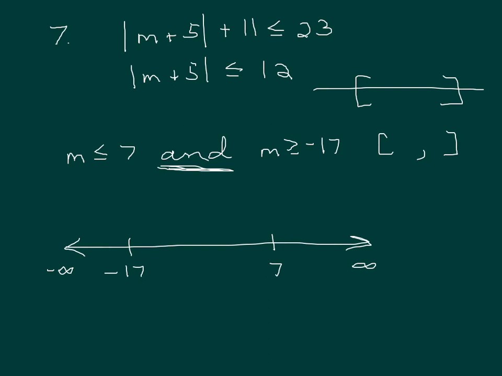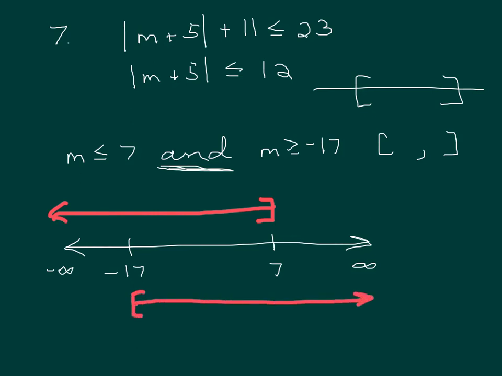So m is less than or equal to 7, looks like this. M is greater than or equal to negative 17, looks like this. And the overlap looks like this. So the correct solution is the interval that is from negative 17 to 7.